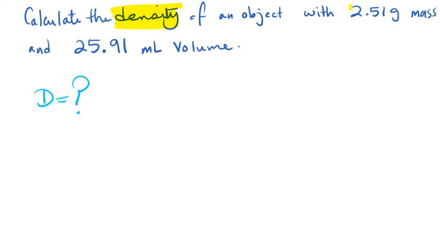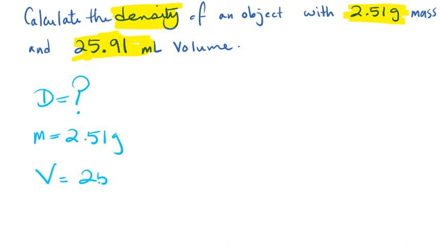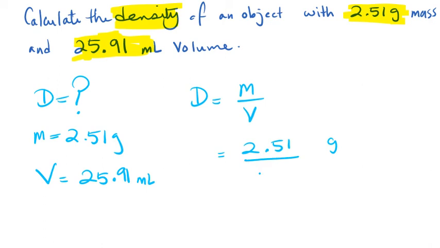Then it says mass is 2.51 grams, so I'm going to write here mass 2.51 grams. And it says volume of 25.91, so I write volume is 25.91 ml. So density is mass over volume. I write it here, 2.51 grams divided by 25.91 ml.